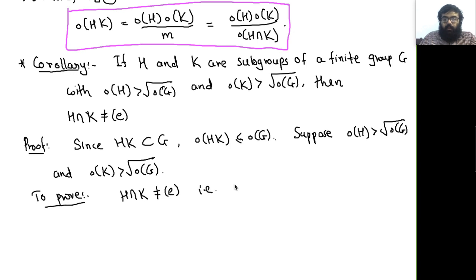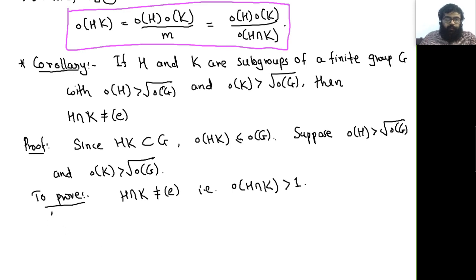That is, the order of H intersection K is greater than 1. It must be greater than 1. This is what we have to prove.